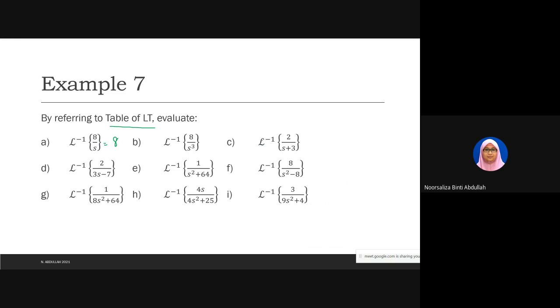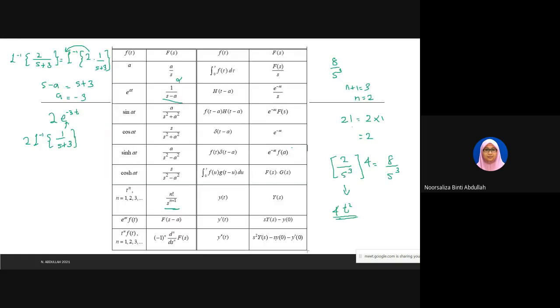Okay, so you want to find the inverse of this, you have 2 over S plus 3. If you look at this table, here there is 1 over S minus A. You cannot use this one, because you have S plus something here, S plus 3.